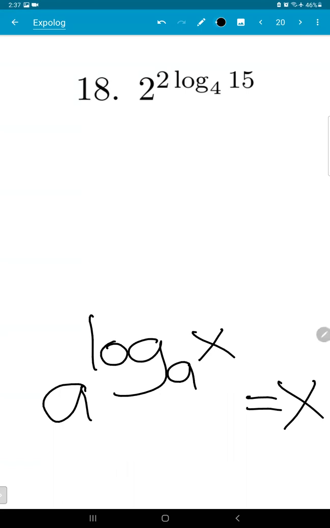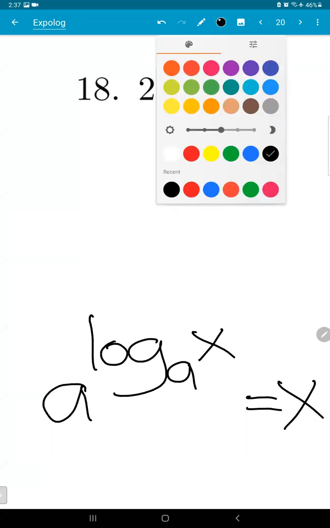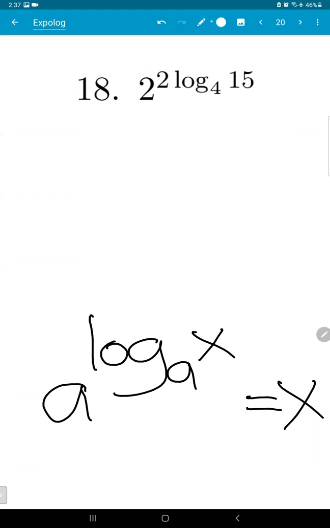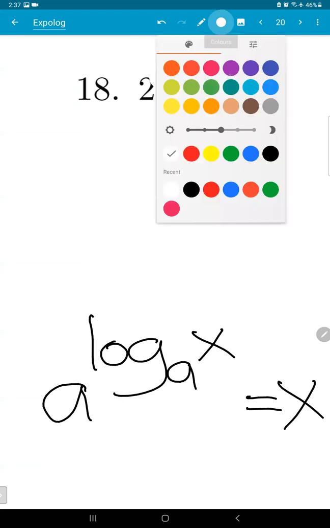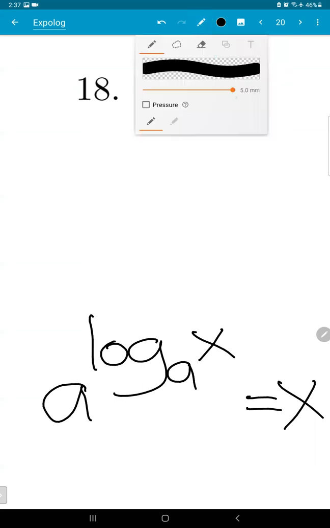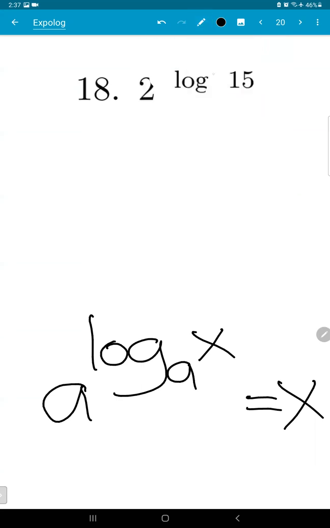Now, if this were 2, let me erase. If it were this, it would have been easy, right?